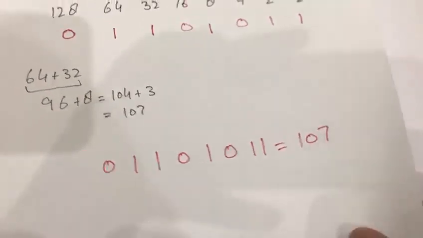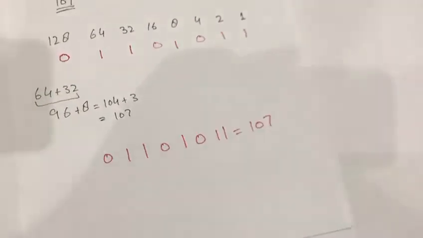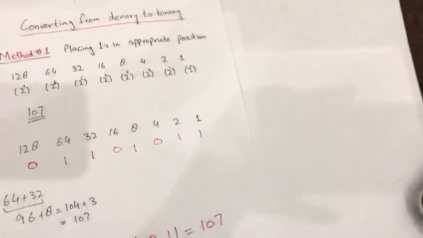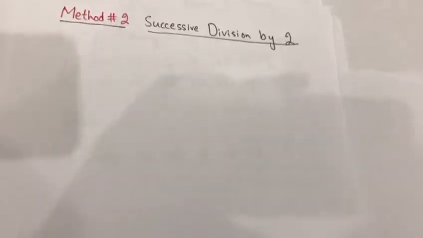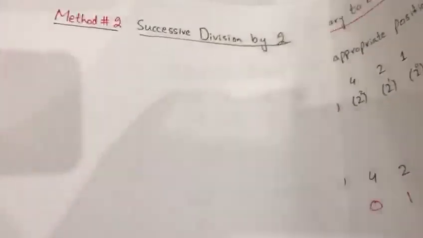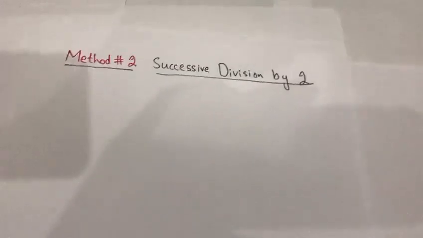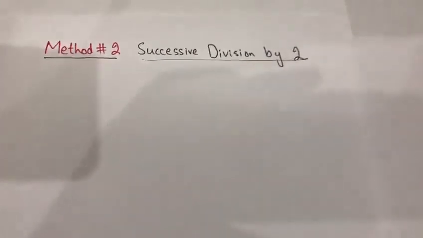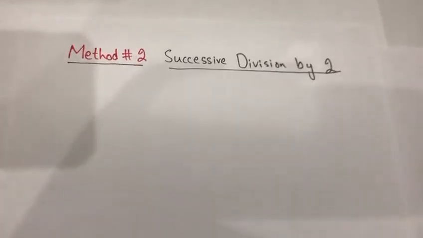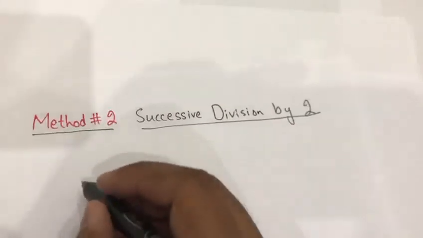Now the second method is successive division by 2. We will take the same denary number, that is 107.